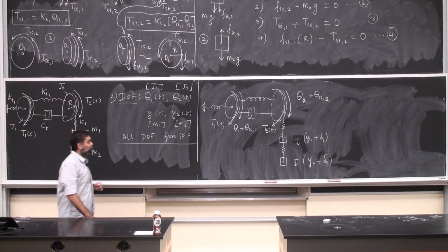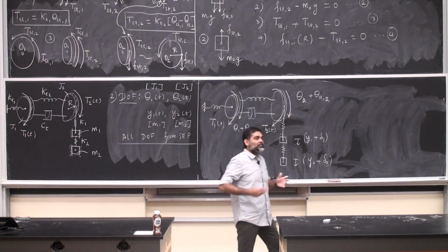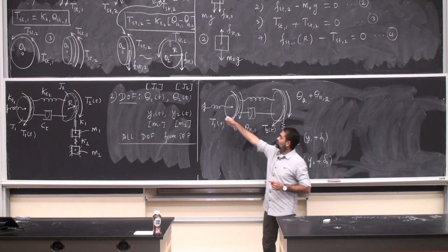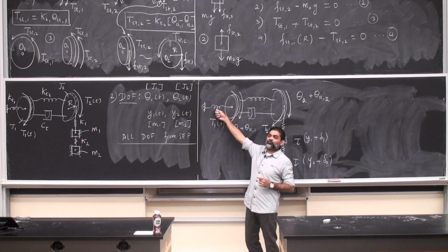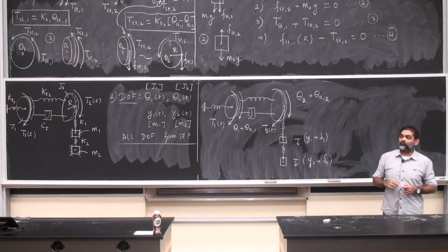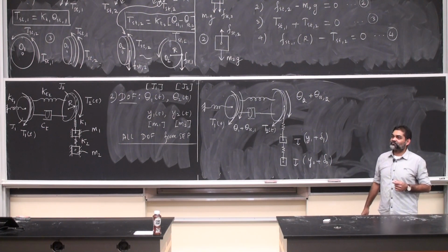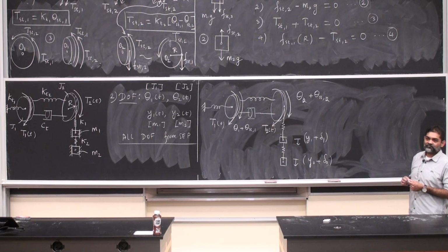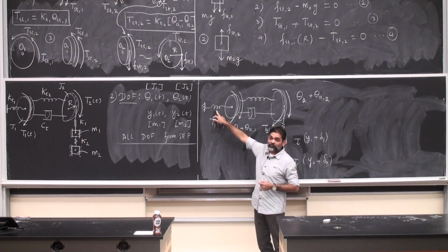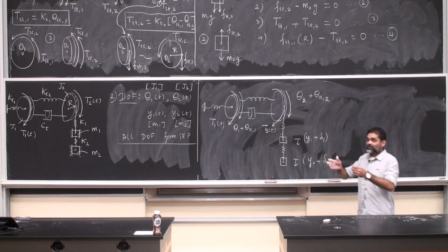Question. So here is a design problem. Okay. If I replace this torsional spring by a torsional damper, would it be a valid problem? I see a lot of people saying no, and the answer is yes, you're right.